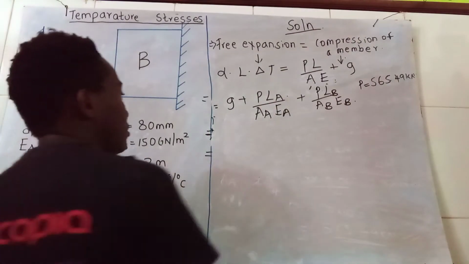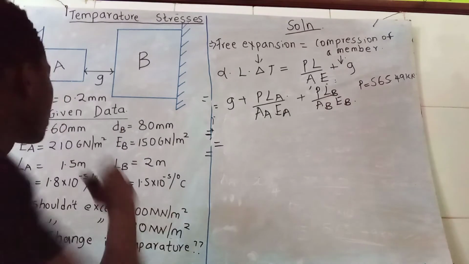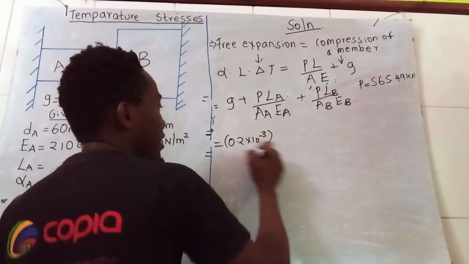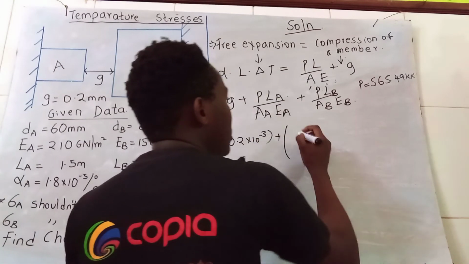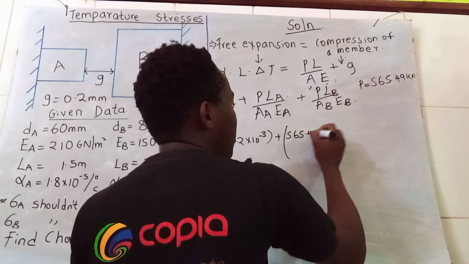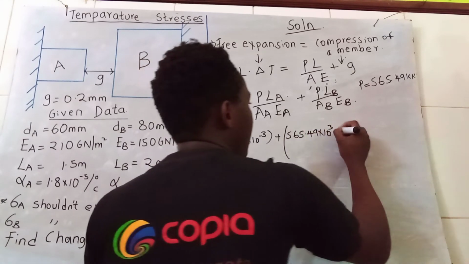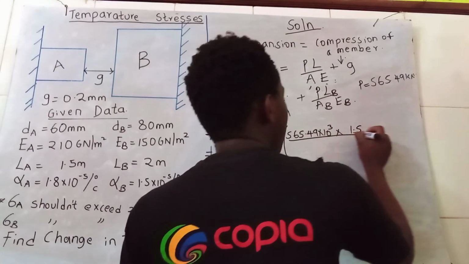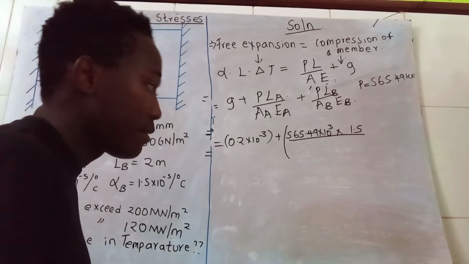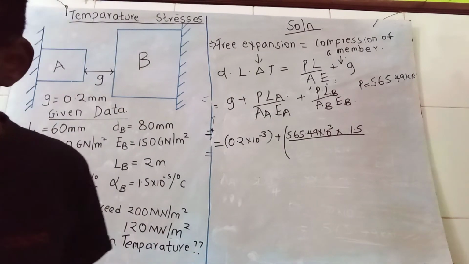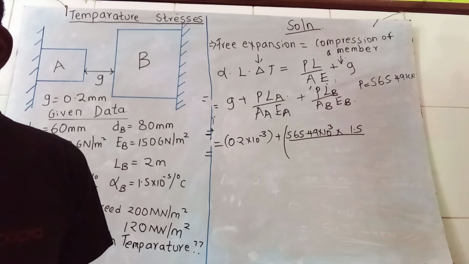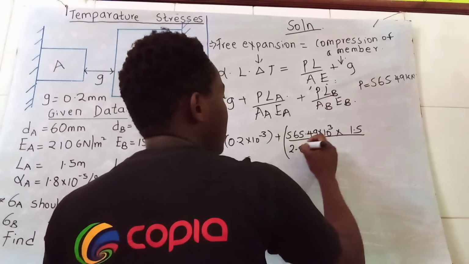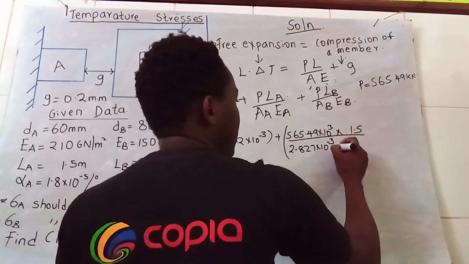So with that we substitute 0.2 millimeters, that is 0.2 times 10 to the power negative 3, plus the load 565.49 times 10 to the power of 3 times the length in A, 1.5, divided by the area in A, 2.827 times 10 to the power negative 3.